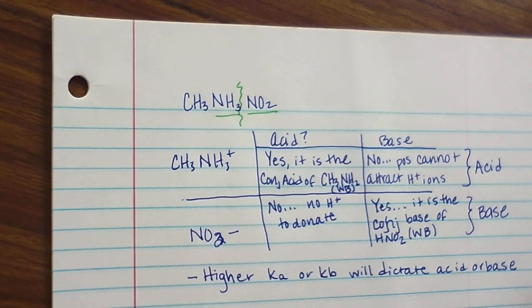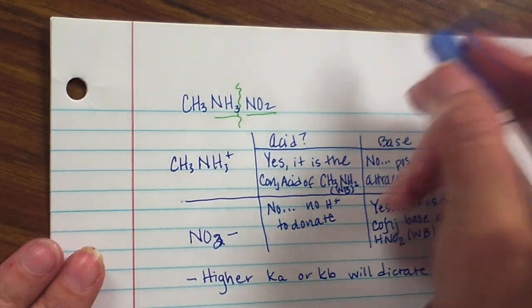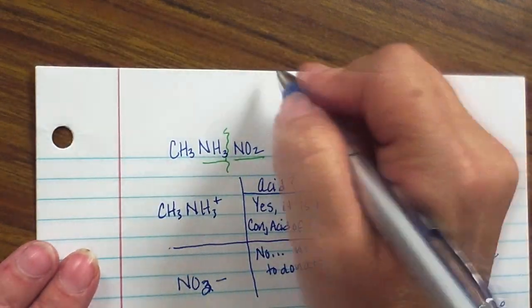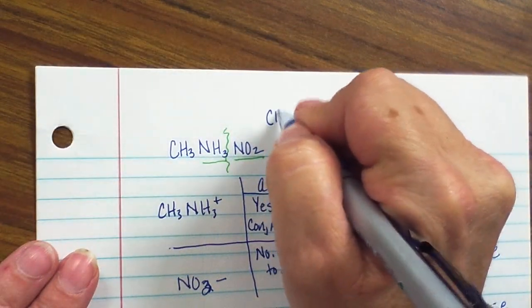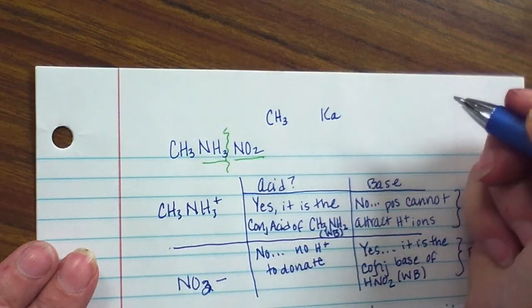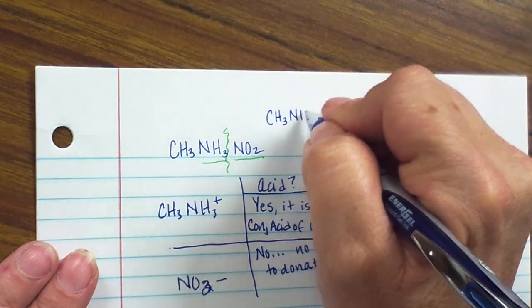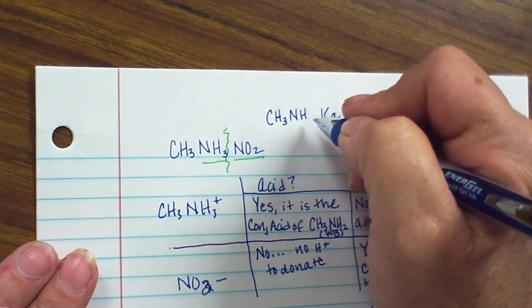Okay? That makes sense, right? Because whichever one is higher, that's the one that's headed over more strongly in that direction. So in this problem, you are given the Ka of CH3NH3, sorry, NH2.